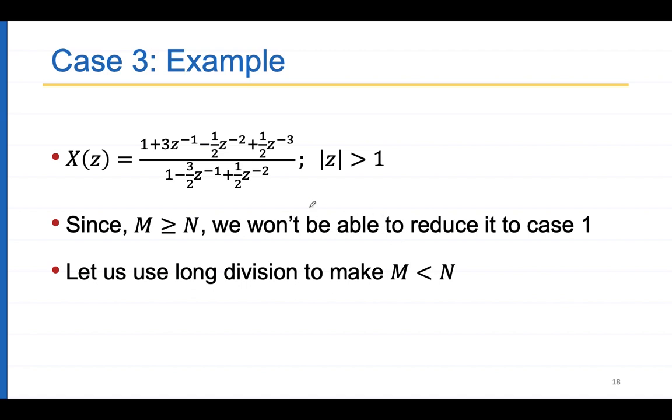Get rid of these extra z terms. If I do long division to make M less than N, then I'm good to go. How do I do the long division? It's very simple. You write down these terms. Now you want to get rid of this z to the power minus 3, so I multiply this with z to the power minus 1 to get something interesting.